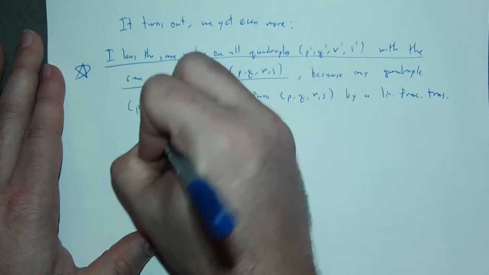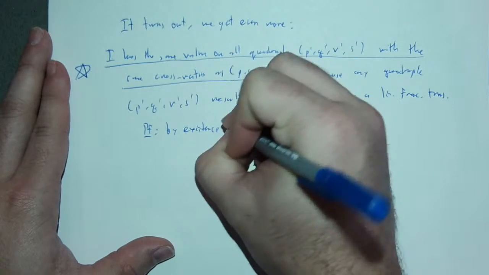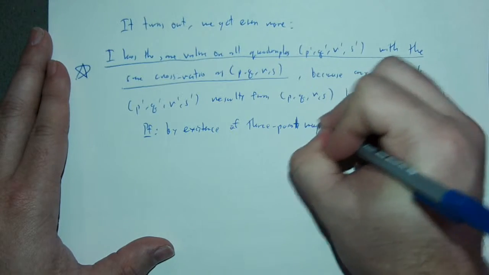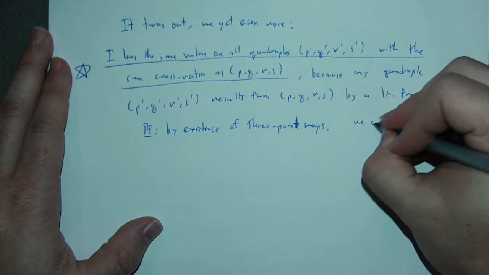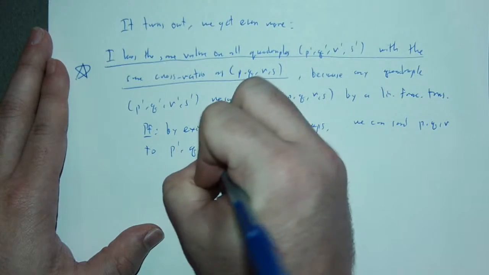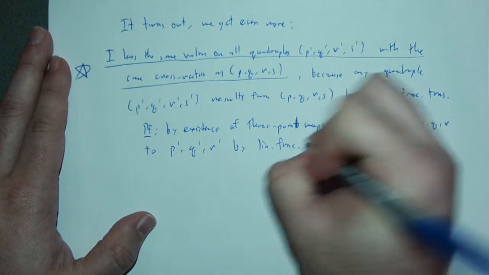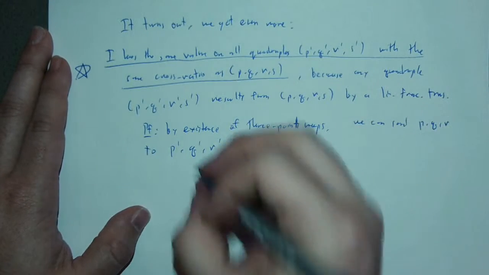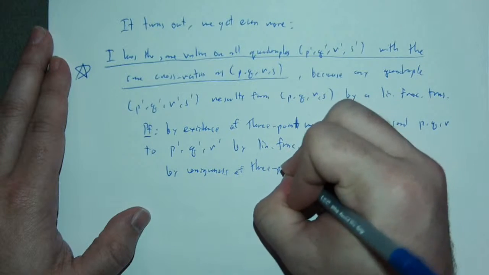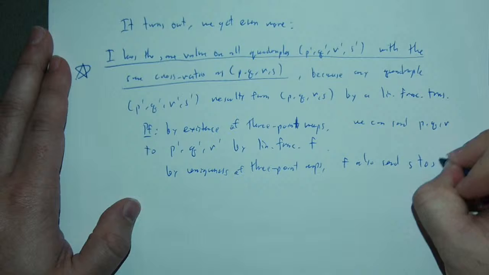Okay, so quick sub-proof here. By existence of 3-point maps, we can send P, Q, R to P prime, Q prime, R prime by a linear fractional transformation, we'll call F. And by uniqueness of 3-point maps, F also sends S to S prime.